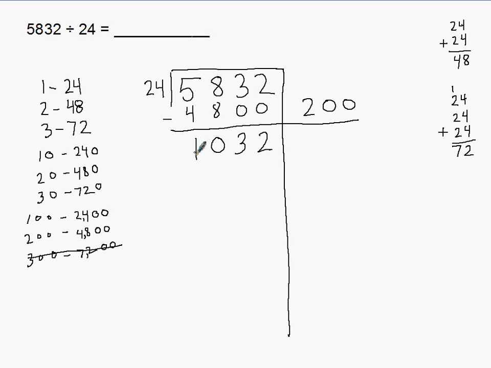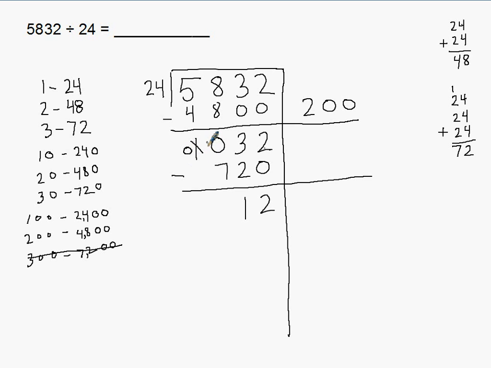Now, what's the largest number that I have that I can subtract from 1,032? That would be 720. So I'm going to subtract 720. Put my line all the way across. 2 minus 0 is 2. 3 minus 2 is 1. 0 minus 7, I can't do that, so I'm going to have to borrow from the 1.